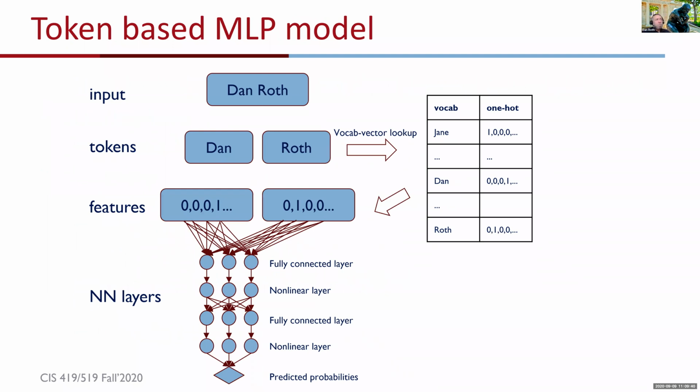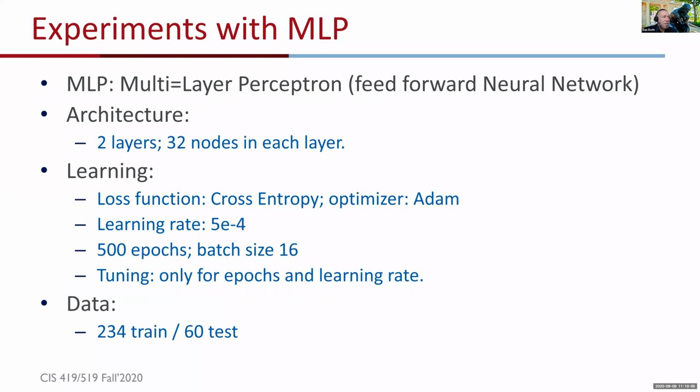neural network on it. So here is the first model. The input is, say, my name. We tokenized it. So we just take 2 tokens, first name, last name, and we use it as a representation of the input of a neural network. MLP stands for multi-layer perceptron. All the parameters are here. It really doesn't matter so much.